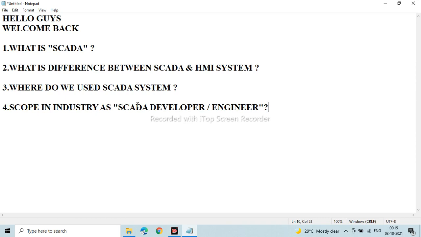And if you have an HMI design background, you can also develop a SCADA system. But HMI is like a 10th standard syllabus, while SCADA is like an engineering degree syllabus. SCADA is wide, and you can learn a lot of things in SCADA.